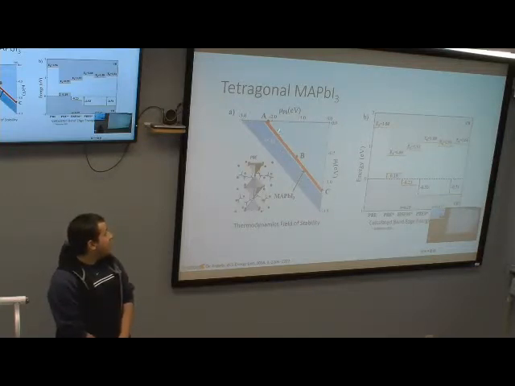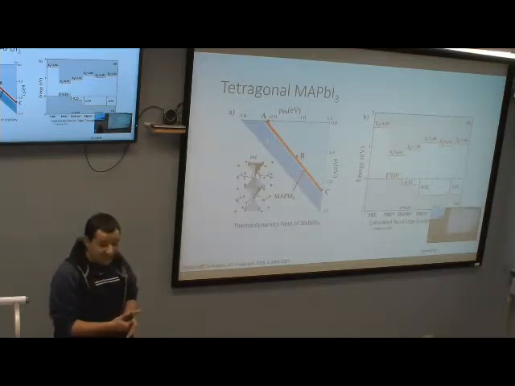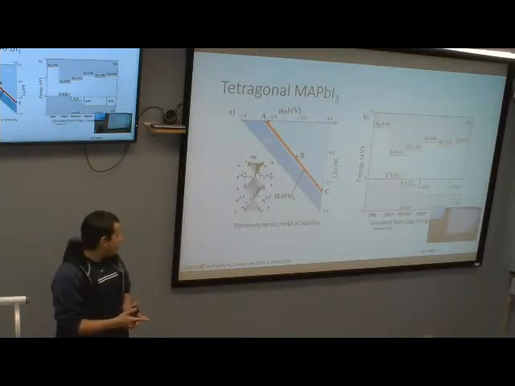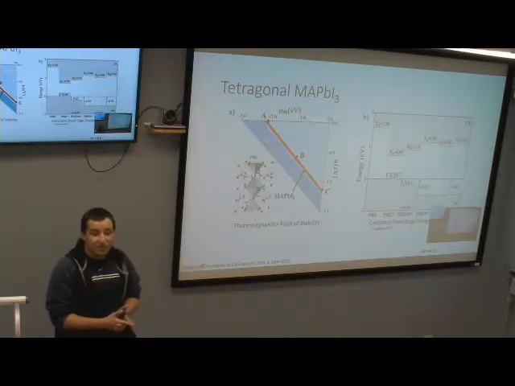They took the chemical potential of lead and the chemical potential of iodide, and this linear line is stating the stability between both of them. So it is found to be a very stable calculation.